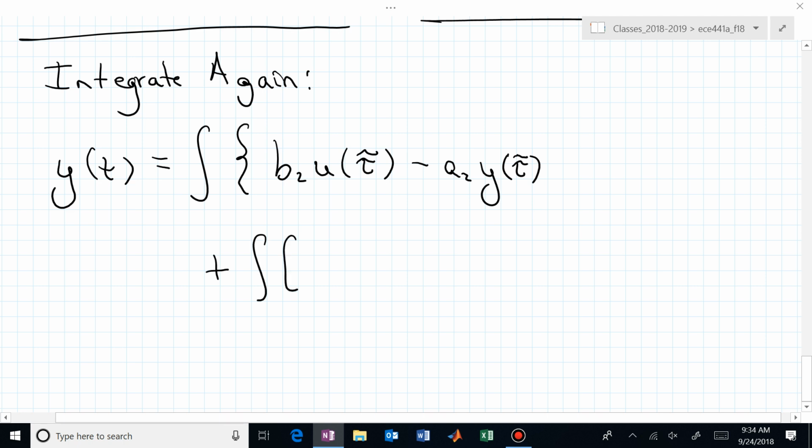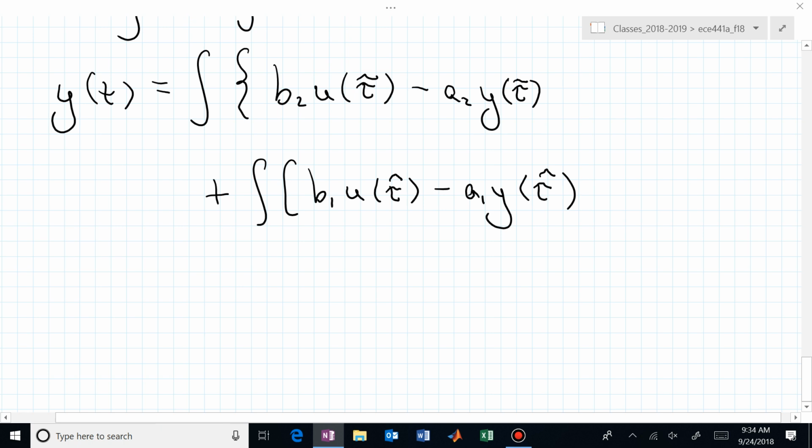I have the square bracket, which was b1 u of tau hat minus a1 y of tau hat plus the integral with the normal parenthesis a sub 0 u of tau minus, wake me up, b sub 0 u of tau minus a sub 0 y of tau.